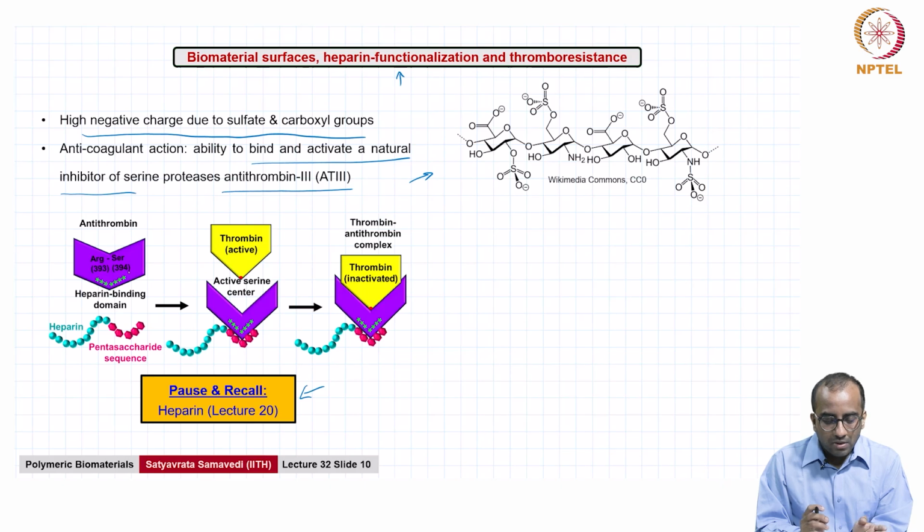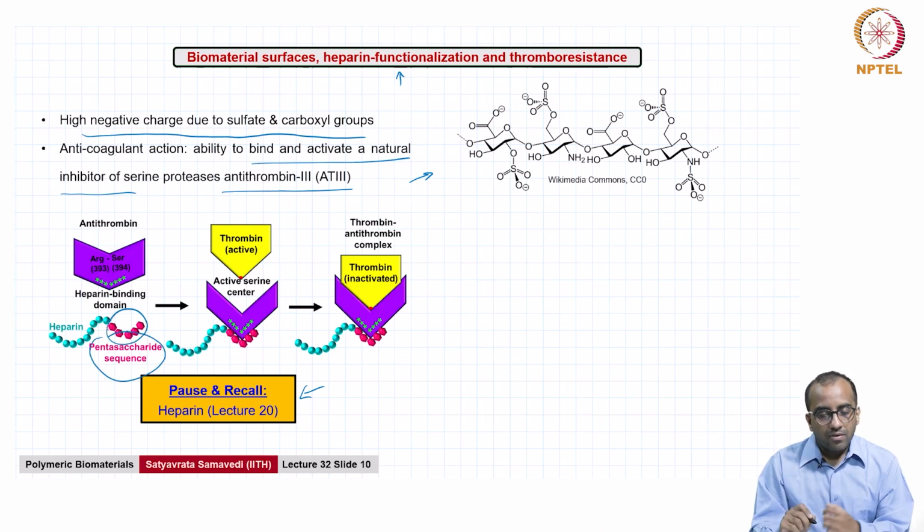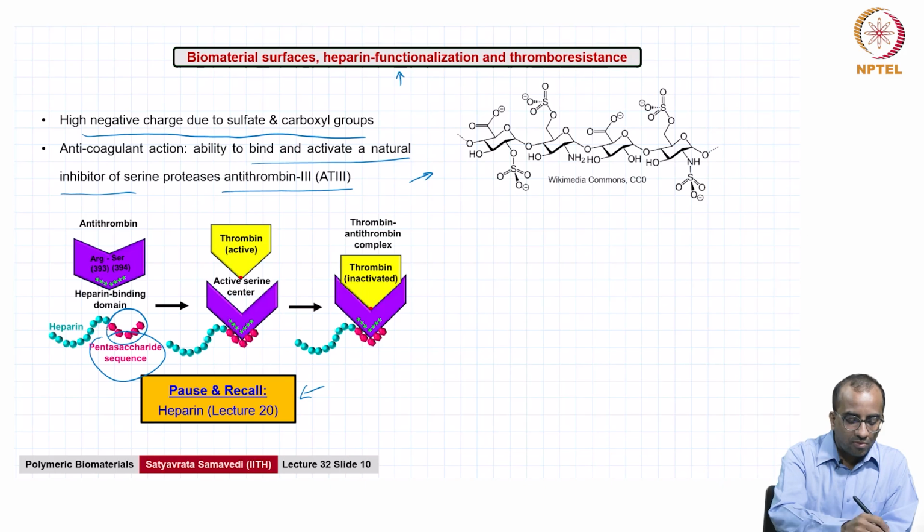And it turns out that antithrombin will not continually bind to thrombin, because that can also be bad, then clotting will never happen. So, antithrombin has to bind to thrombin only under certain conditions, and those conditions can be favorably created by heparin functionalization. Essentially, heparin has a pentasaccharide sequence like so, which can bind to what we call a heparin binding domain on antithrombin.